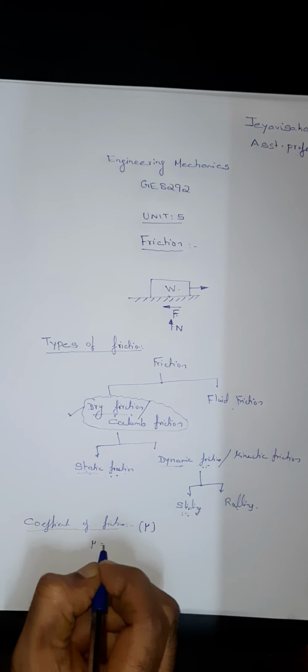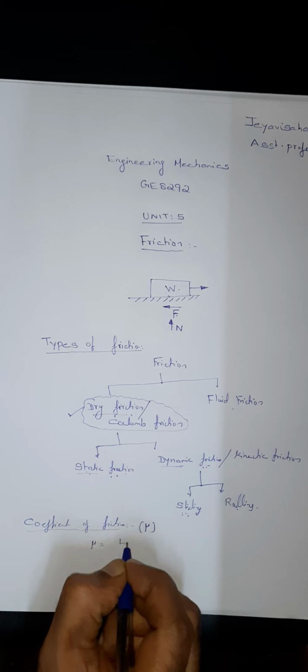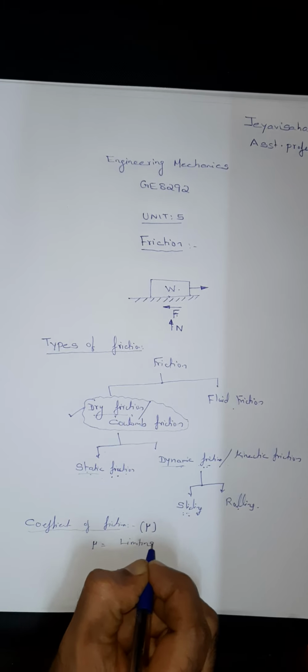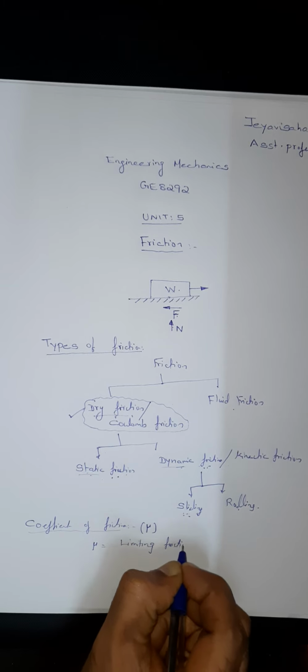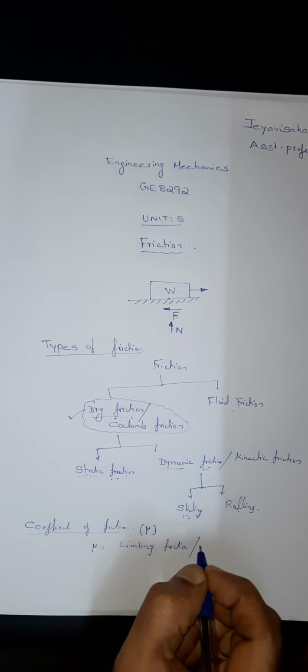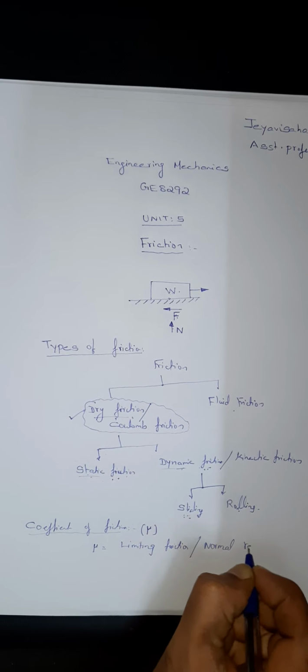That means mu is the notation of coefficient of friction. That is nothing but the ratio of limiting friction to the normal reaction.